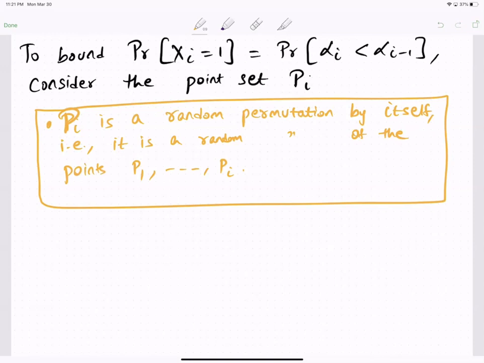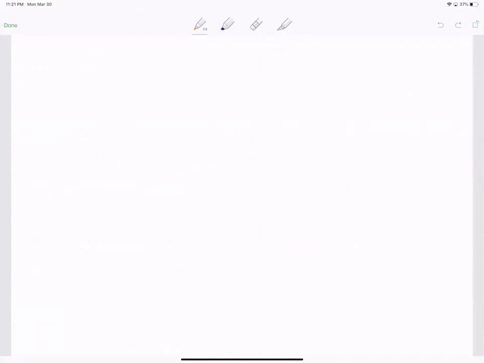Okay, so now comes the definition of critical points. Again we are focusing on the points in capital Pi.